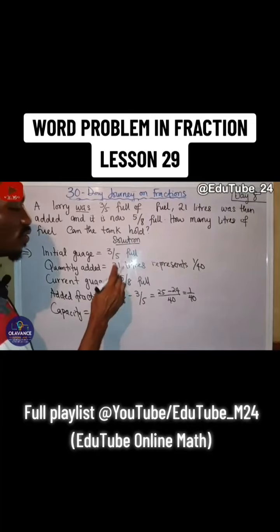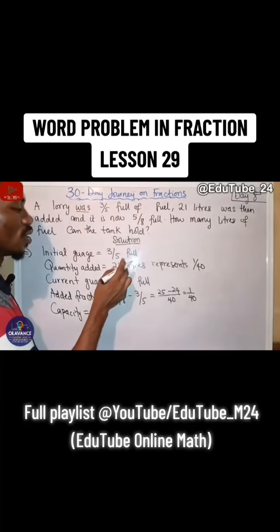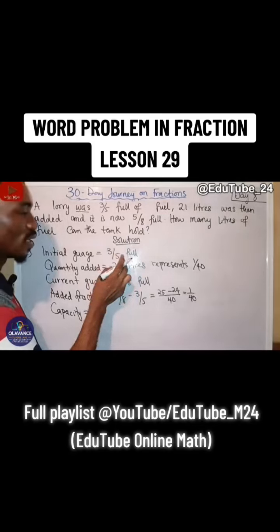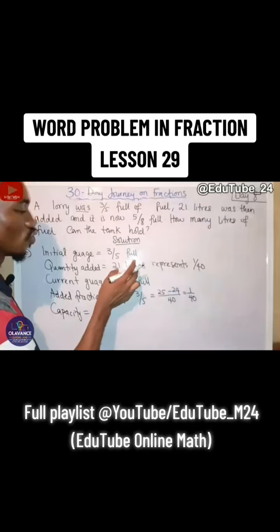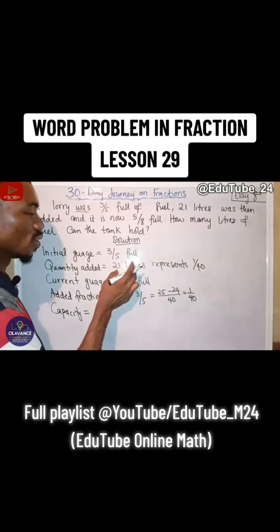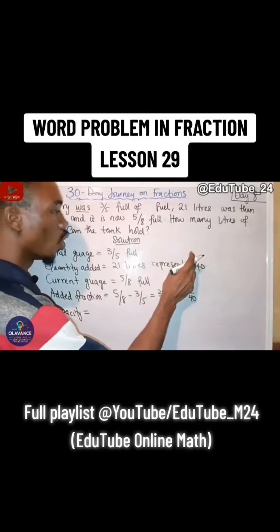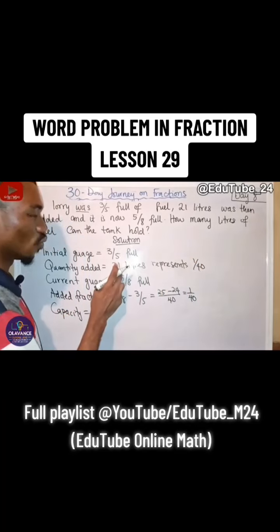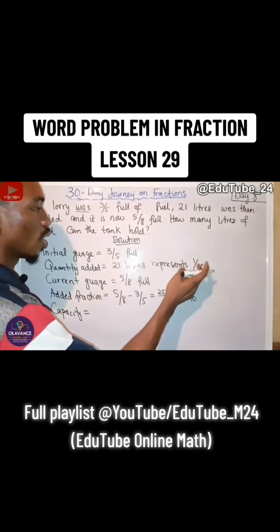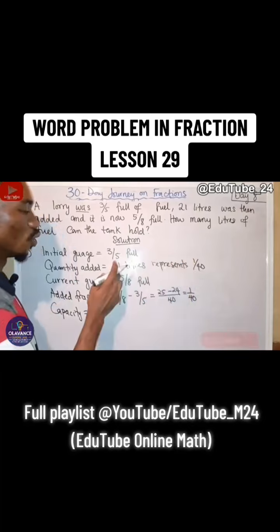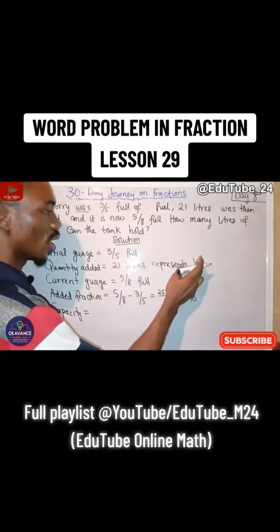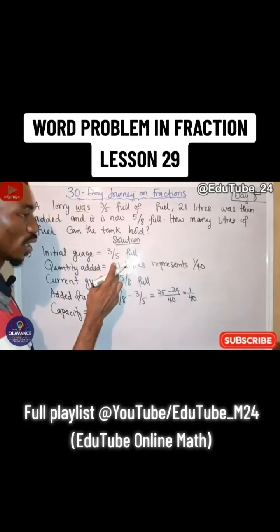Since we now know that this 21 liters was the quantity of fuel that was added, and this is the fraction equivalent of the quantity that was added, that means this 21 liters represents this 1/40. So if 1 out of 40 is 21 liters, that means 2 out of this 40 will be 21 times 2, and then 3 out of this 40 will be 21 times 3.